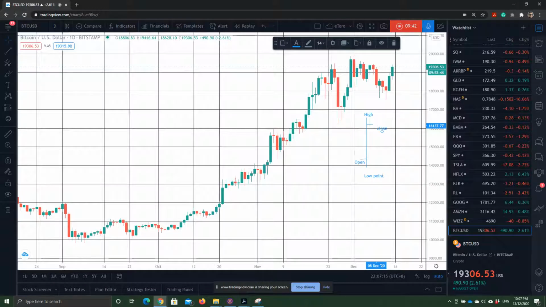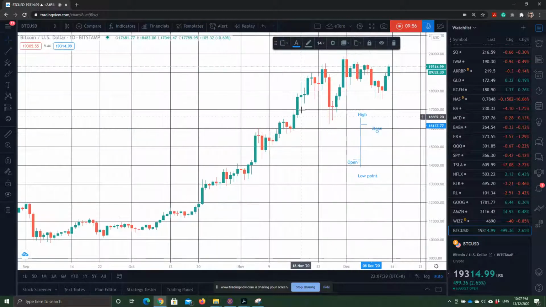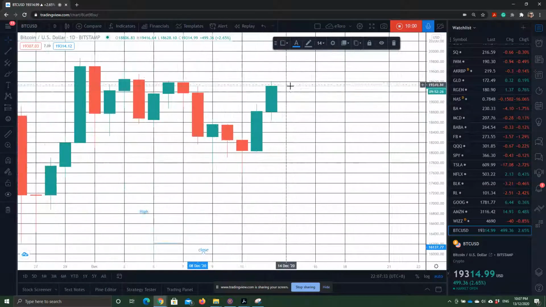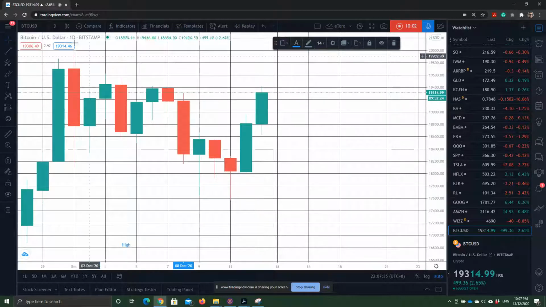But in terms of the information, candlestick bars still indicate the high, low, open and close prices. So let me just zoom in on one of these charts to explain how you read these bars.